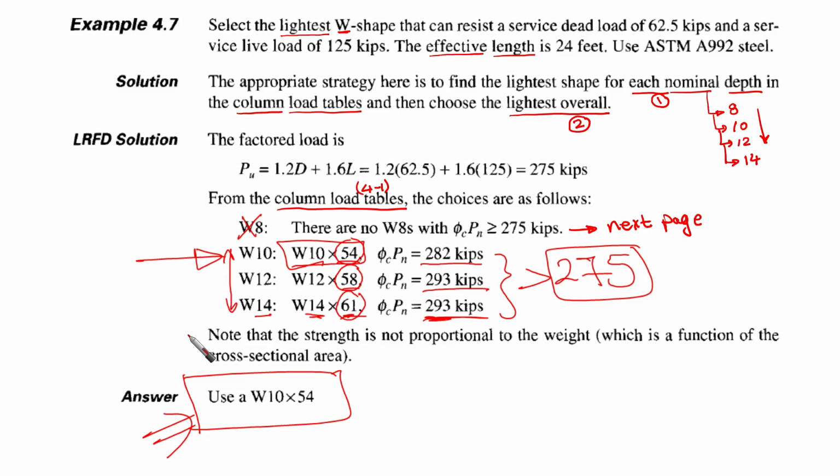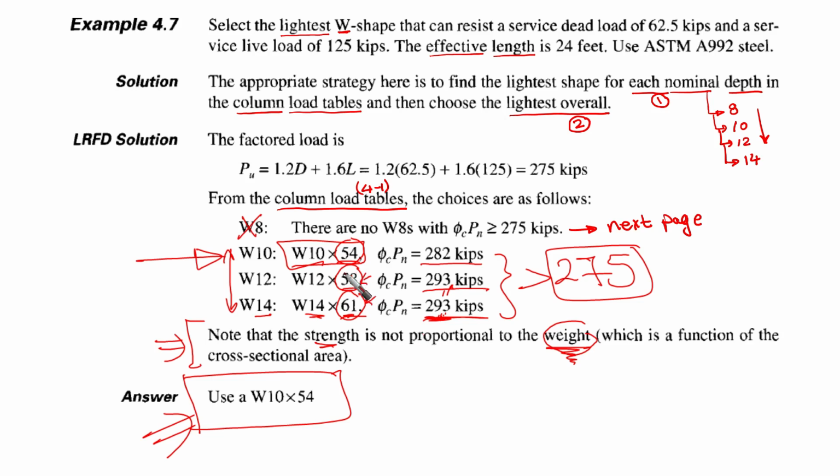There is something that we need to take care of: note that the strength is not proportional to the weight, which is a function of the cross-sectional area. The strength has nothing to do with the weight. So do not say that because, for example, here the weight is 58 and here the weight is 61. Here the two strengths are the same, right?